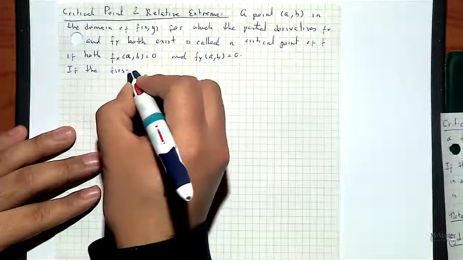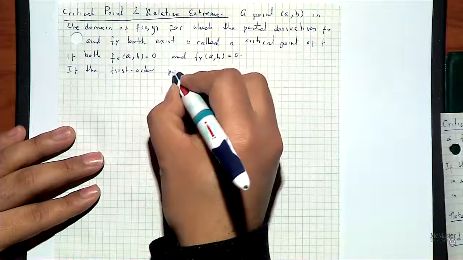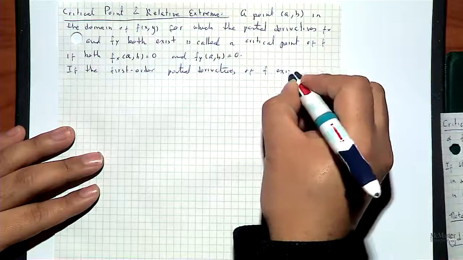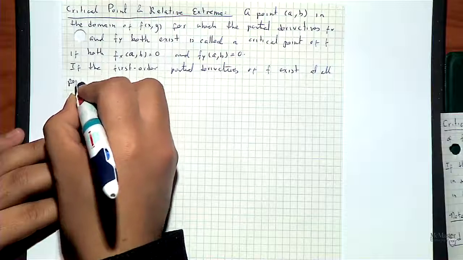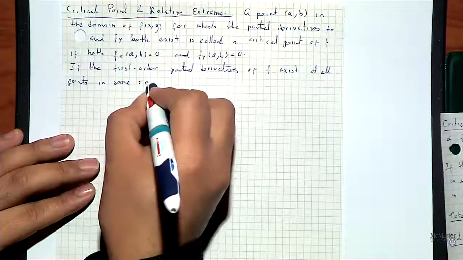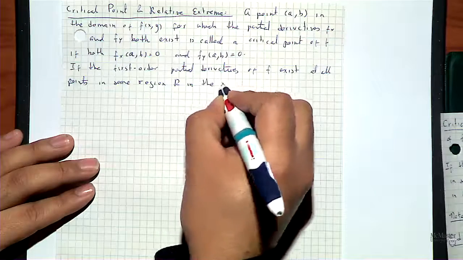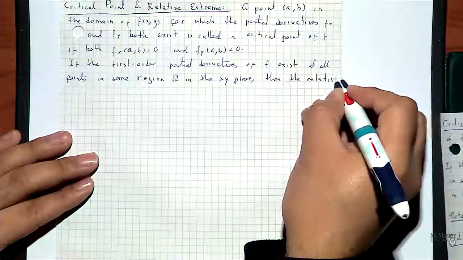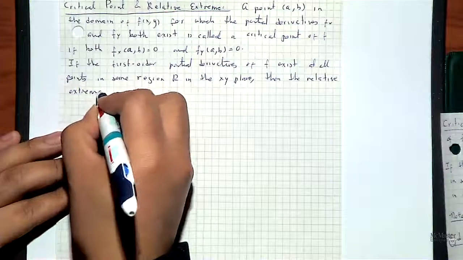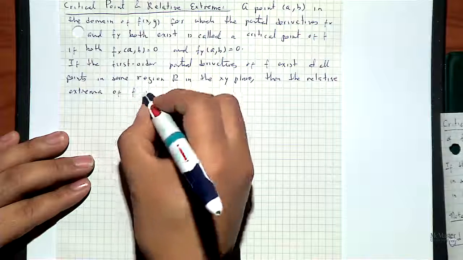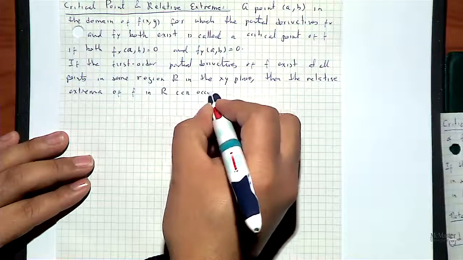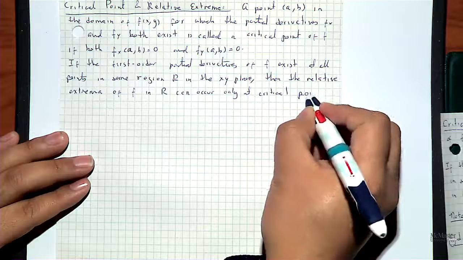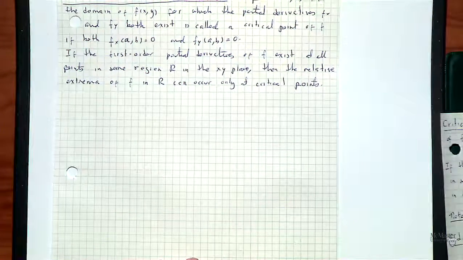If the first order partial derivatives of f exist at all points in some region R in the xy plane, then the relative extrema, meaning both possibly maximum or minimum, of f in R can occur only at critical points, which is basically writing what we concluded by geometry.